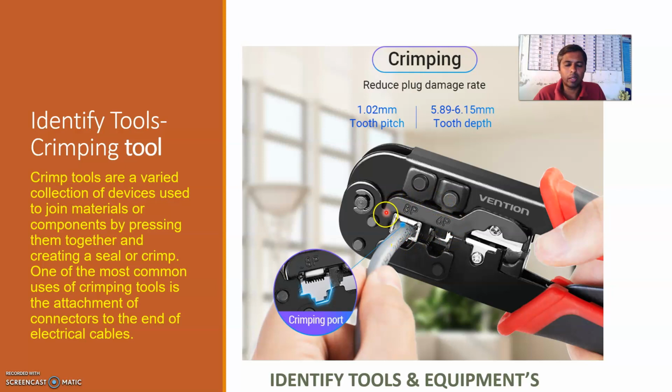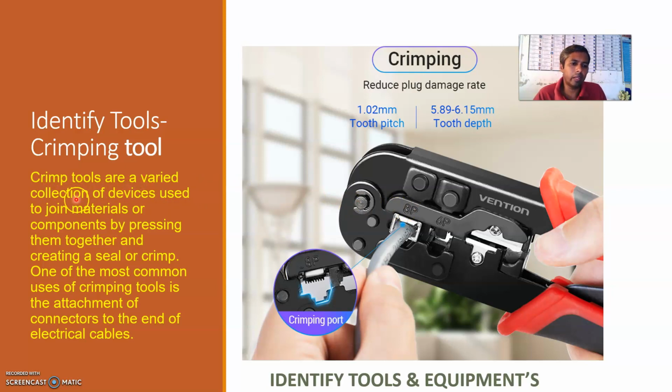There are different types of crimping tool in the market. This tool connects an RJ45 connector and an RJ11 connector. This is an 8-pin connector and a 6-pin connector here. Using this tool we crimp the RJ45 connector onto the end of our cable.